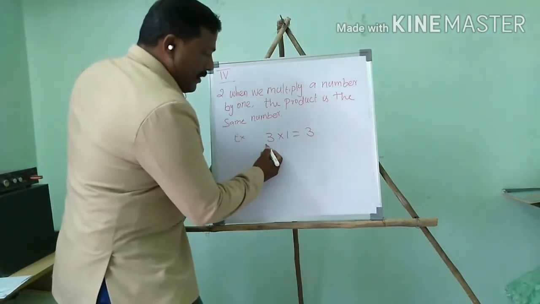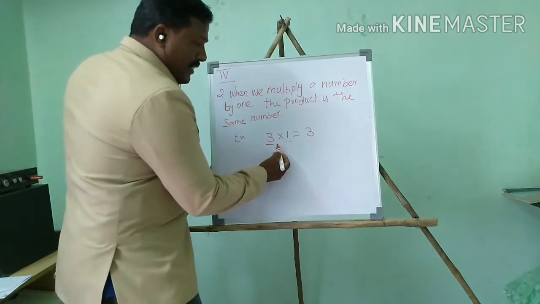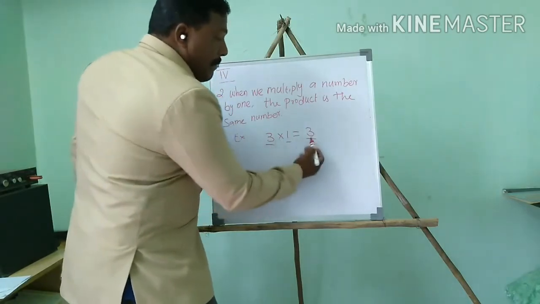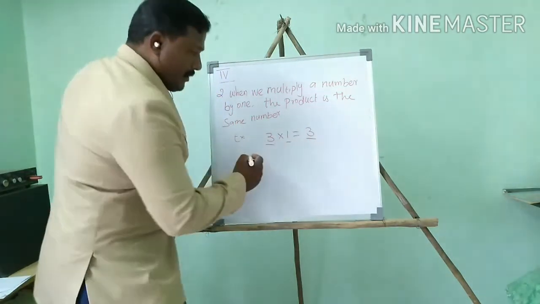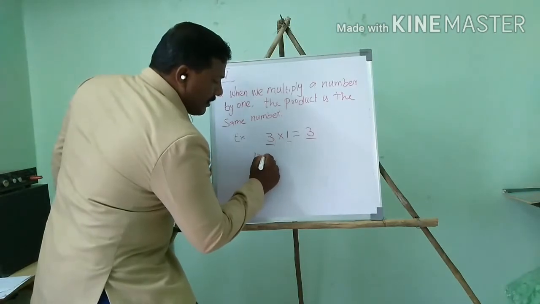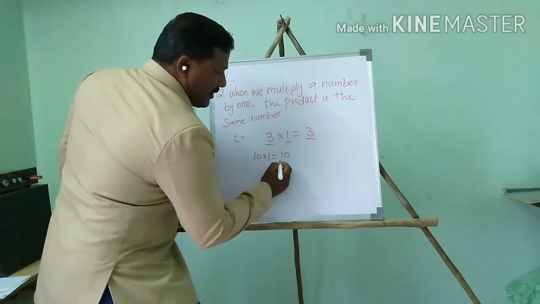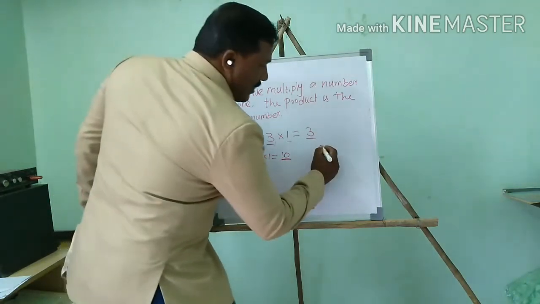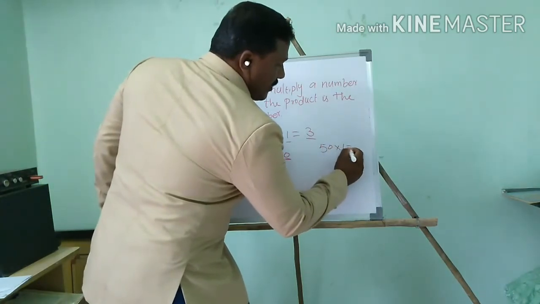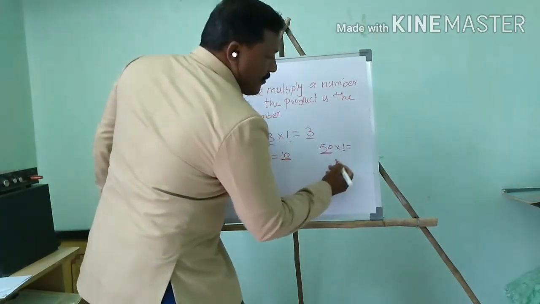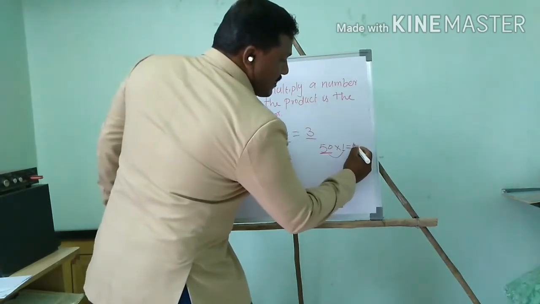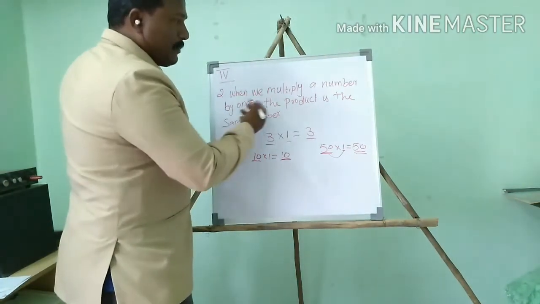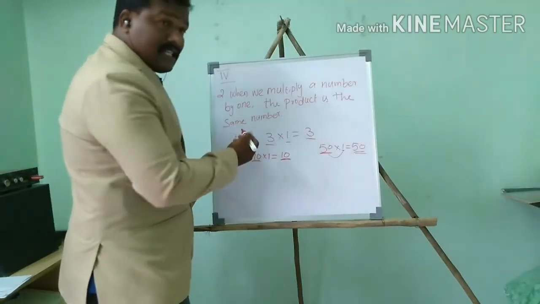If I multiply a number by 1, I get the same number as the product. Let me see another example. 10 into 1, the product is the same number. 50 into 1, I get the same product. So this is the second property. When you multiply a number by 1, the product is the same number.